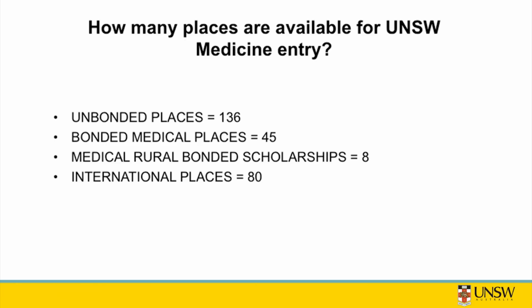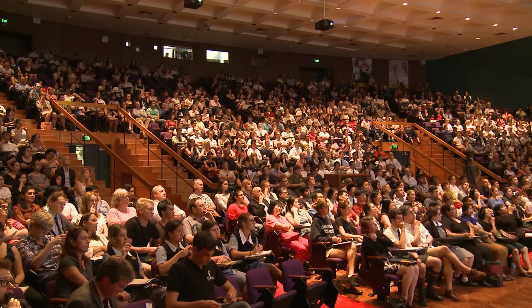That's something that we must fill. It's a government obligation. We have 8 medical rural bonded scholarships, very healthy scholarships, $25,000 per year. But of course, in return, the government will want something in return. We have 80 international places, which is quite irrelevant to tonight. I'm guessing that most people here tonight will be straightforward local applicants.